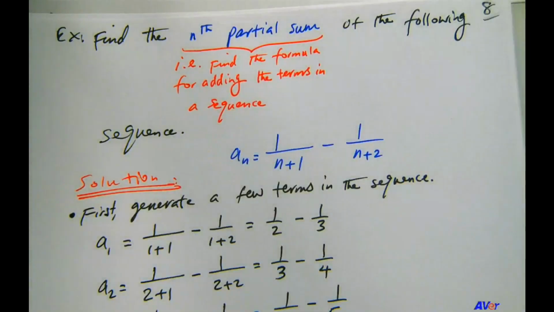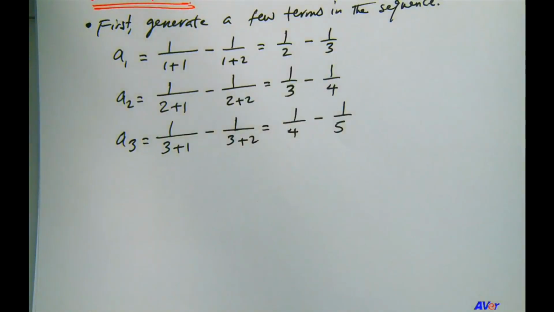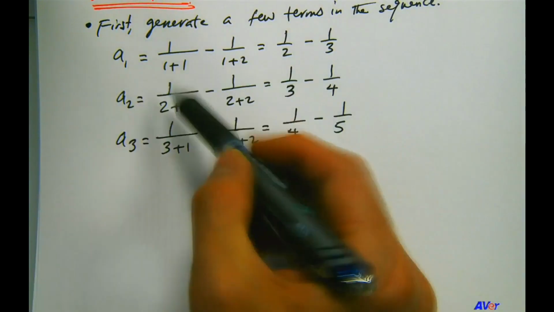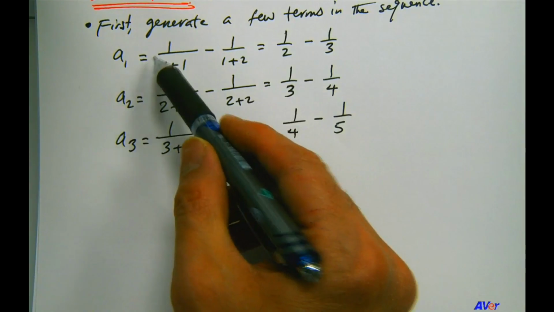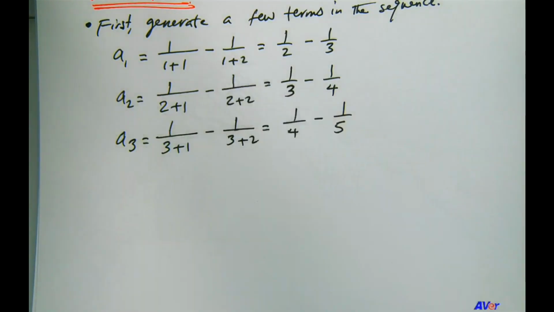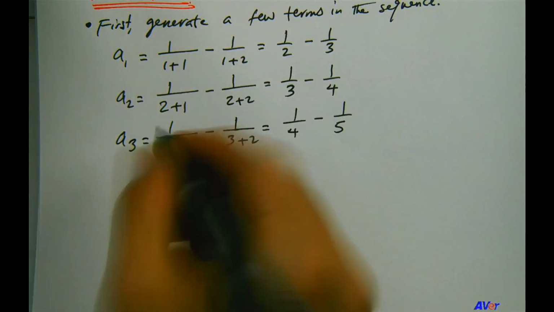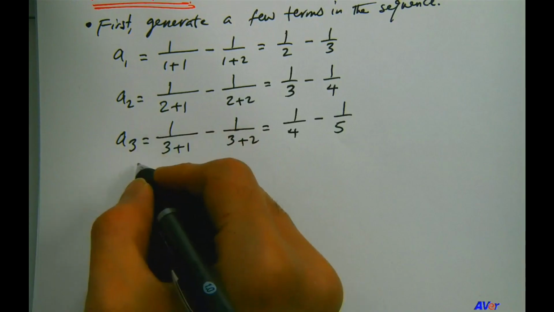What we're doing is the same thing, but for a specific sum. In other words, we're going to calculate the partial sum for the first three terms. But our objective is to find the general formula for any partial sum for this sequence.